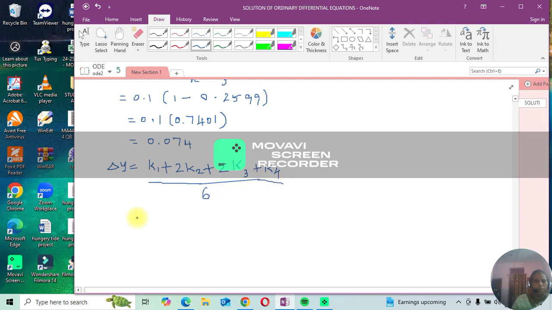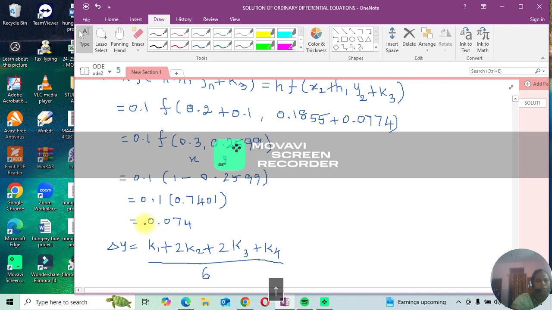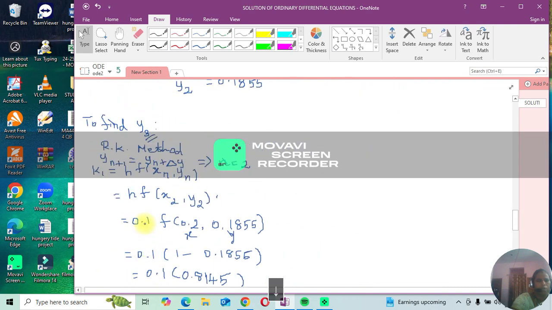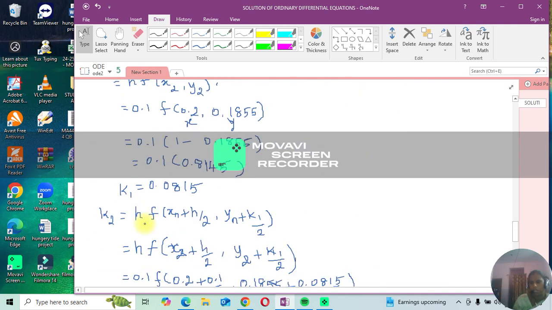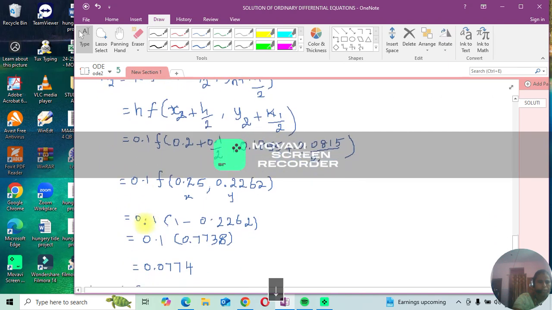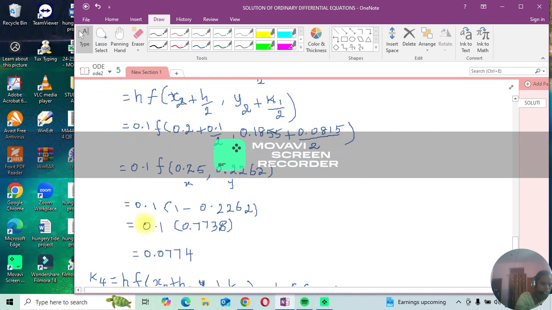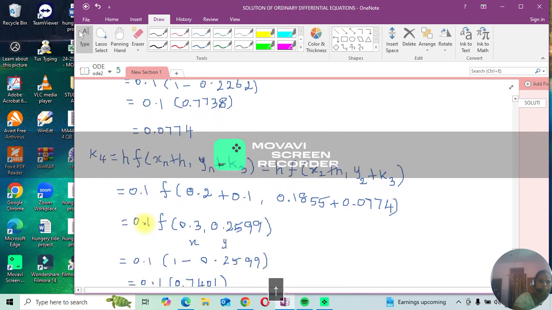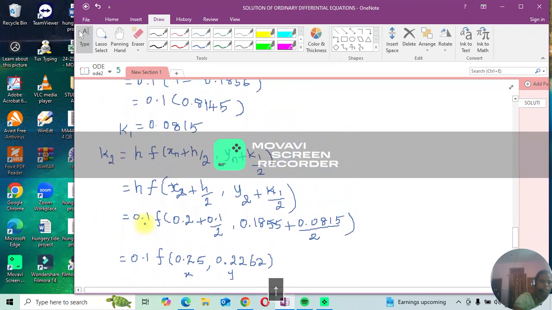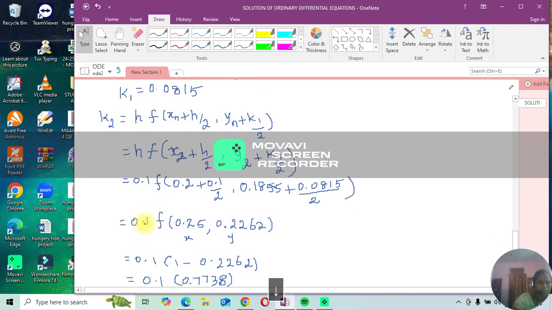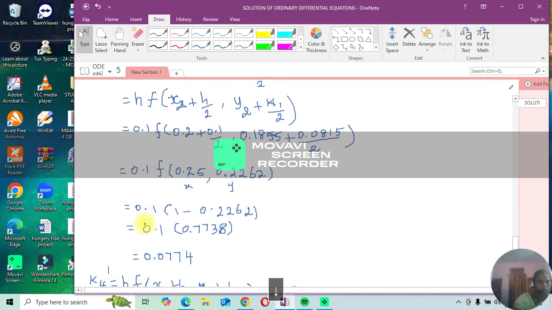We have calculated K1, K2, K3, K4, so we take all the values. K1 is 0.0815, and K2 is 0.0774.